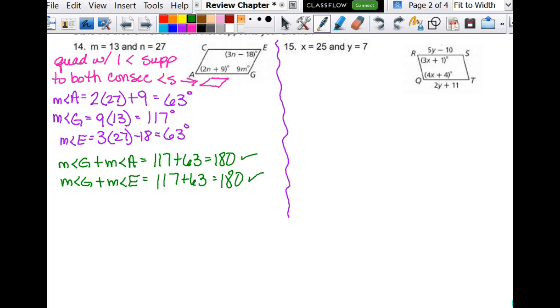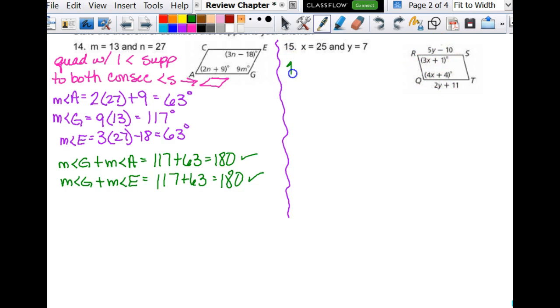So for 15, I can't use the whole consecutive angle thing because I'd only have one consecutive angle. Can't use both pairs of opposite sides or anything, but we do have one that says if one pair of opposite sides is parallel and congruent, then it is a parallelogram. So I can show that these are congruent, and then I can also show that they're parallel because of the angles.